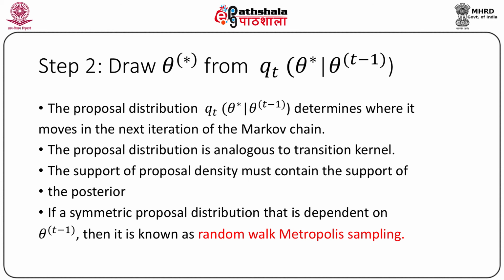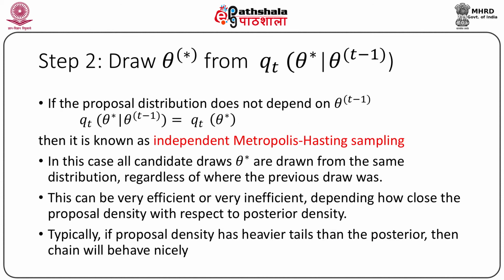If a symmetric proposal distribution is considered that is dependent on theta t minus 1, then it is known as random walk Metropolis sampling. In step 2, if the proposal distribution does not depend on theta t minus 1, then q sub t of theta star given theta t minus 1 will be q sub t of theta star.